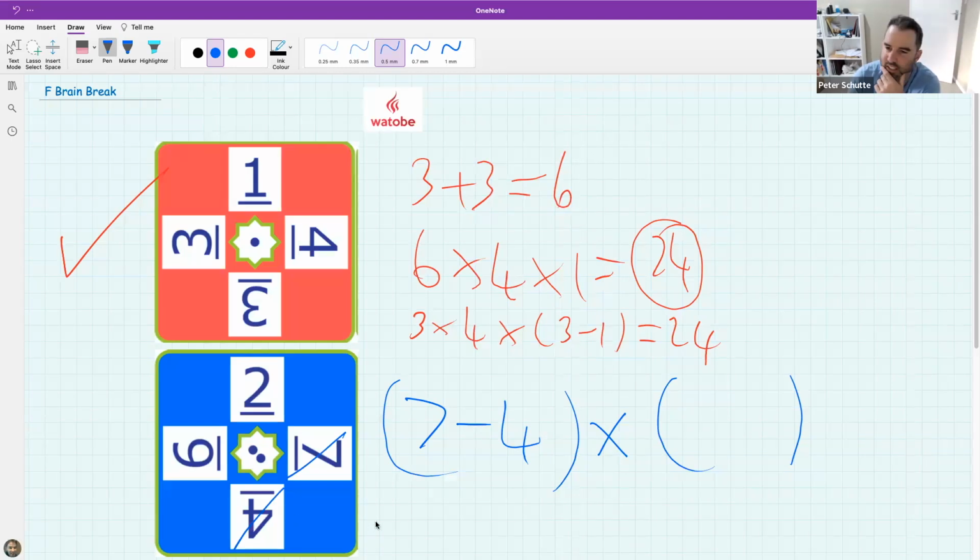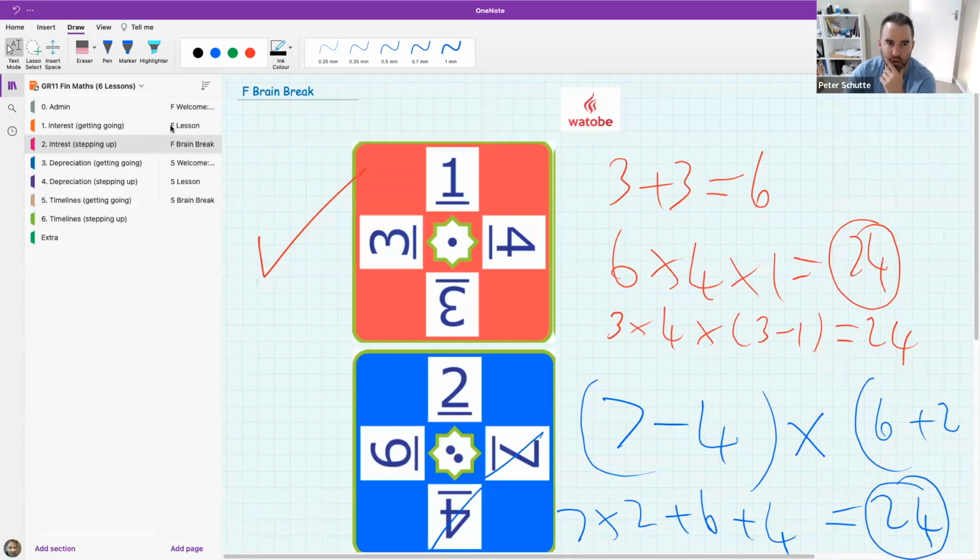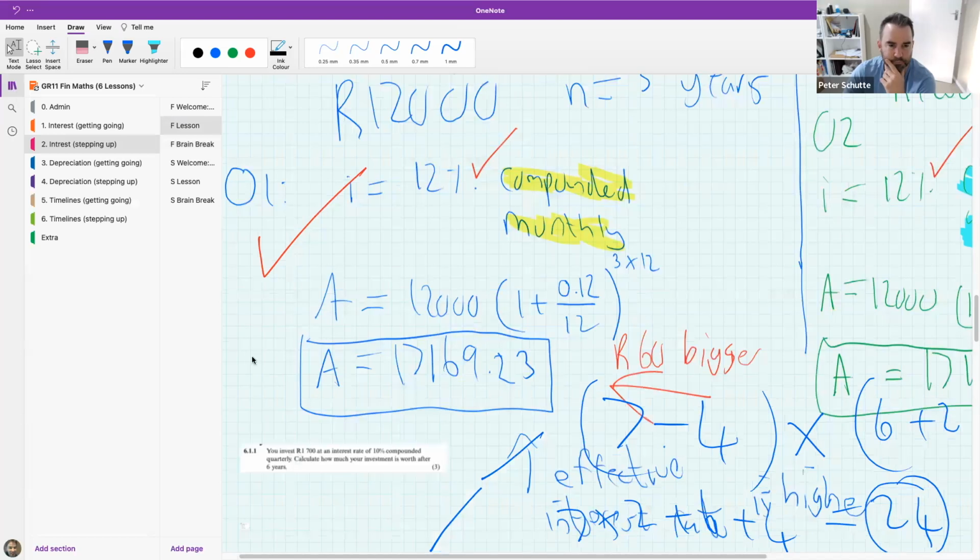Oh, wait, 7 times 2 plus 6, 7 times 2 plus 6 plus 4 gets me to 24. Absolutely. And then my way was going to be 7 minus 4 is 3 times 6 plus 2, which is also 24. And I see quite a few students also got that. Okay, well done, everyone. I hope you had a good break. Let's return to our lesson.